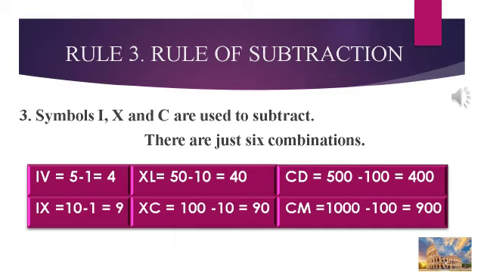XL is equal to 50 minus 10 is equal to 40. XC is equal to 100 minus 10 is equal to 90. CD is equal to 500 minus 100 equal to 400. CM is equal to 1000 minus 100 is equal to 900.